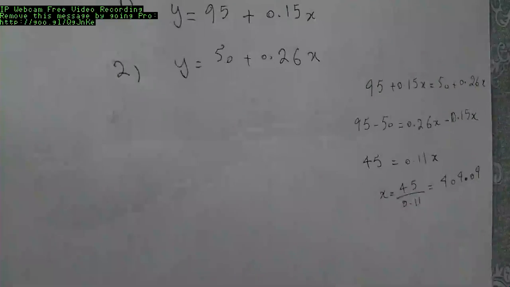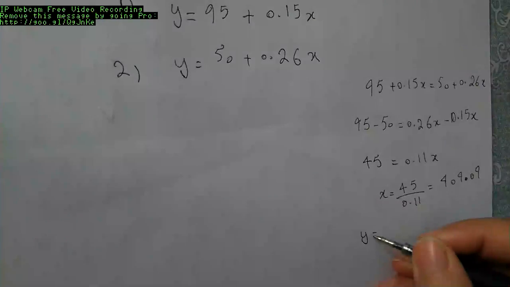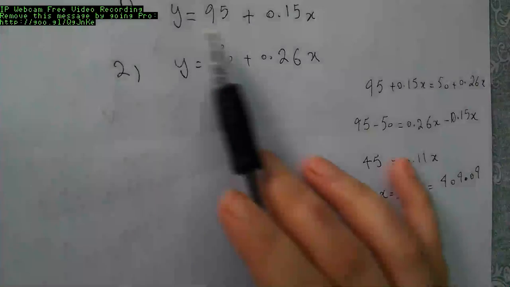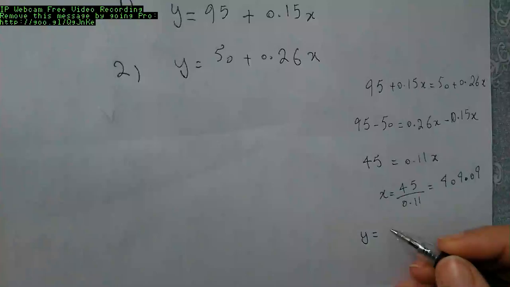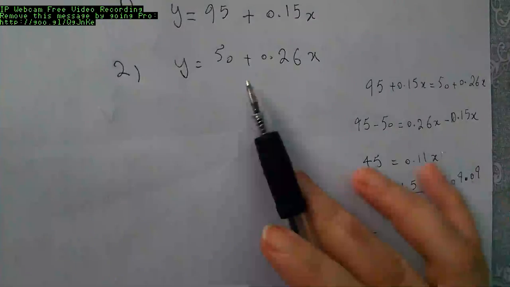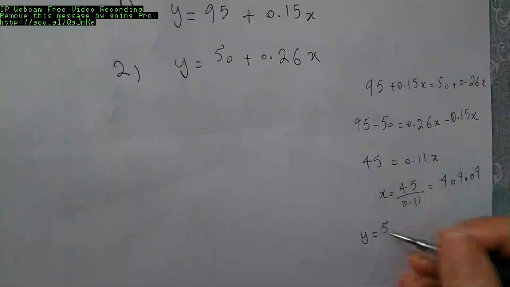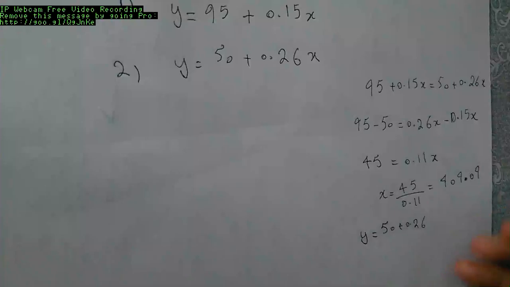Now I choose one of these equations to find the y value. It doesn't matter which one you choose, first or second. I just choose the second one: 50 plus 0.26 multiplied by 409.09.